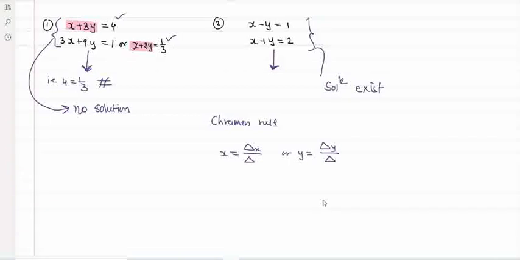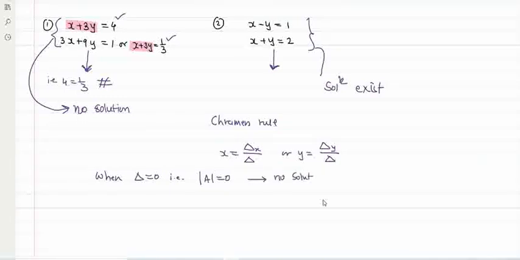When delta is equal to 0. That means determinant of the coefficient matrix equal to 0, correct? Yes, sir. Then no solution.